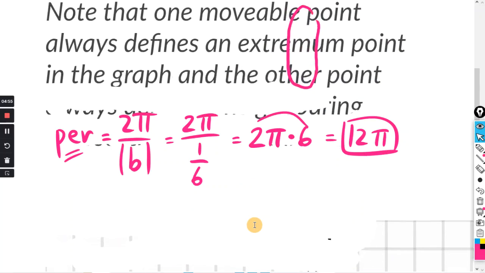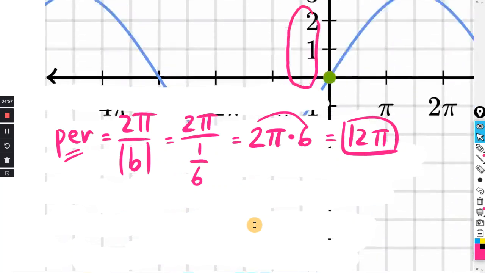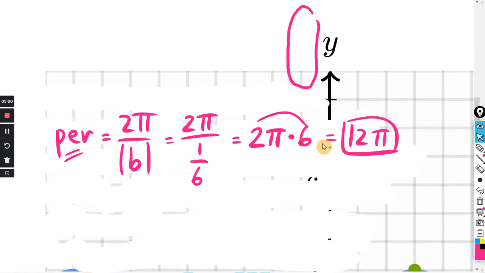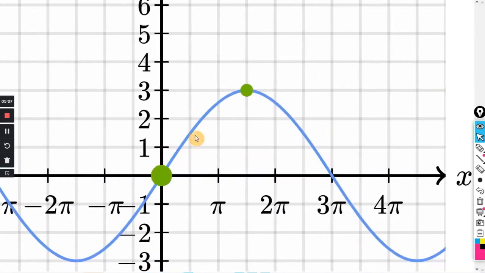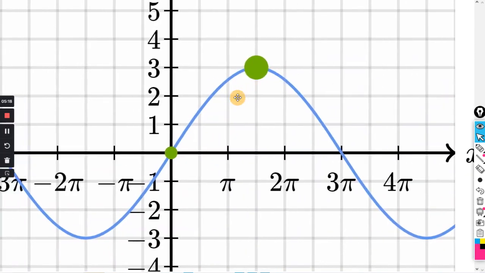However, if you look at the graph, the points we have said one is a midpoint or midline and the other one is a max or a min. So really, the distance from here to here is really only 1/4 of the period.